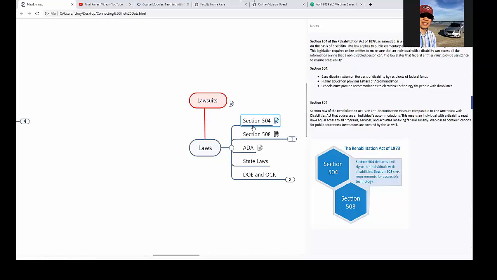Actually, in all these other sections, we talk about ADA a lot. ADA didn't mention higher education or university at all. It was actually Section 504. So schools must provide accommodations to electronic technology for people with disability. Okay, back in 1973, there was not much about electronic technology.